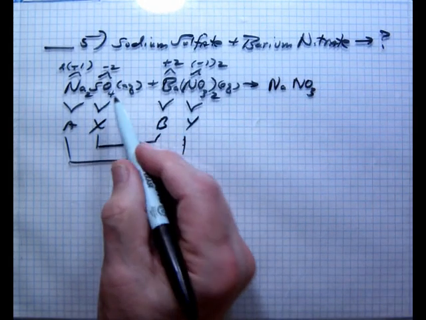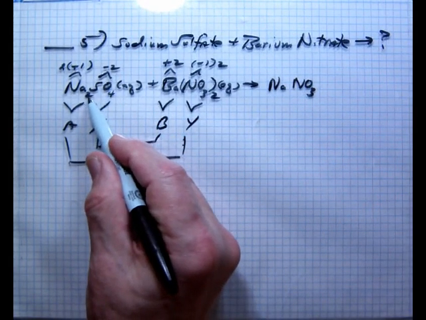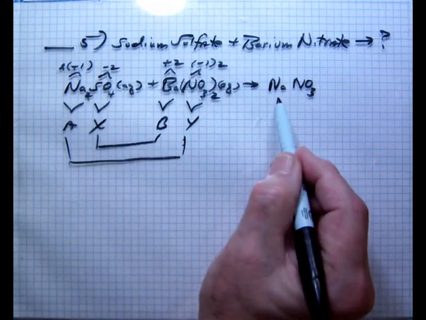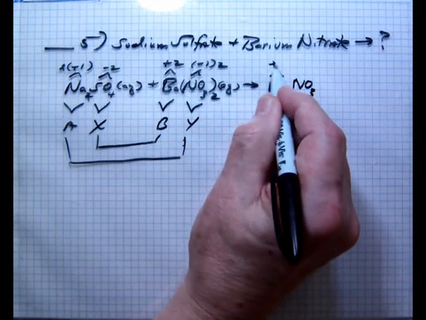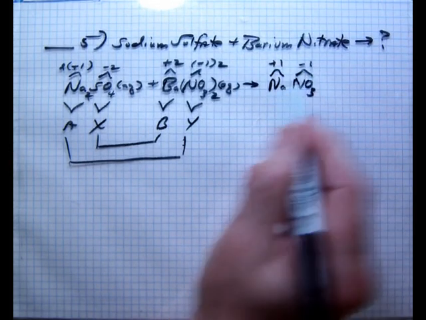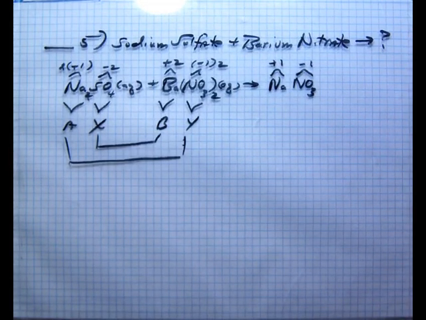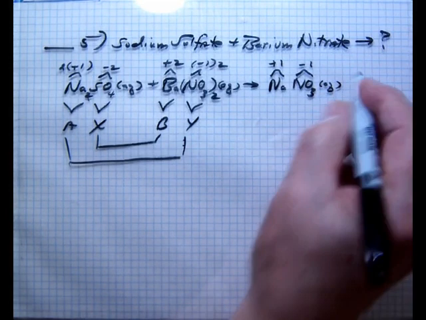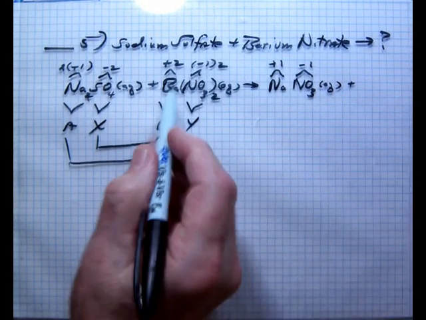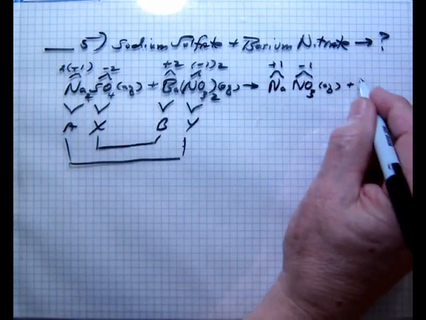Just because it has a 2 sodium, for example, right here, doesn't mean it's going to be a 2 sodium over here. For example, this is a +1, -1, so that is the correct compound. The only difference is the coefficients, and we balance that if we have to, and that's going to be an aqueous component, and the remaining component is barium sulfate.